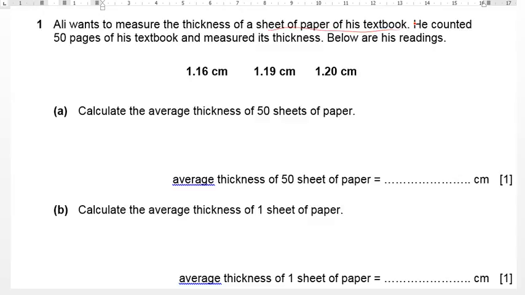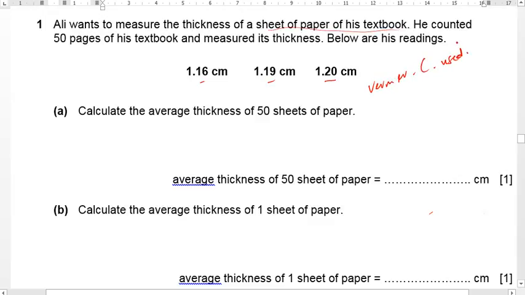But in this case, we are going to use perhaps vernier calipers, because we see that there are 2 decimal places for centimeter. So we know that he used a vernier calipers. Okay? Because if you just use your ruler, right, you only can go up to 1 decimal place for centimeter.